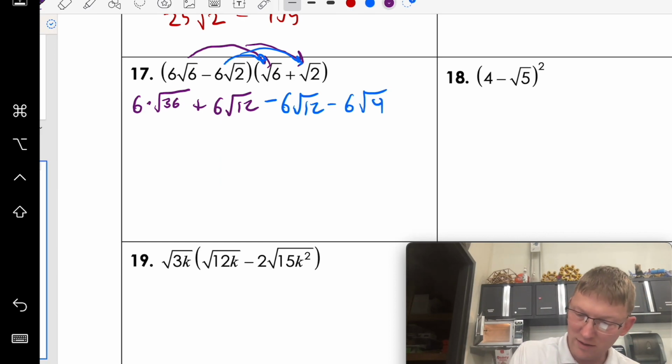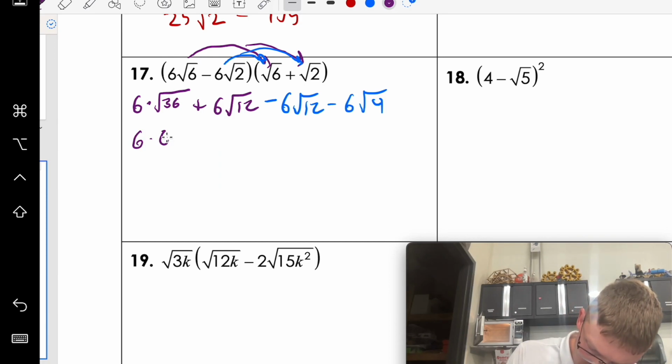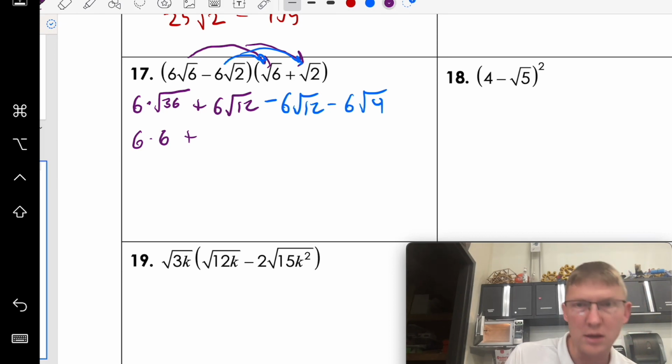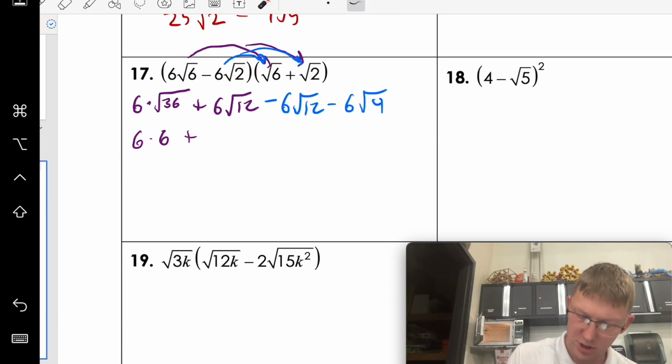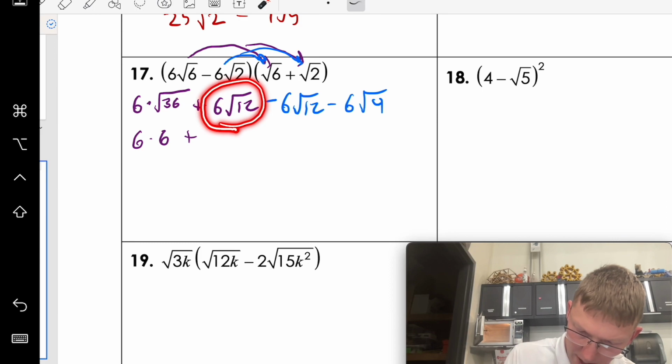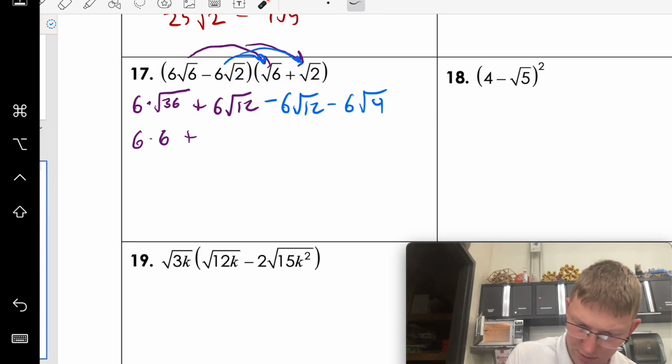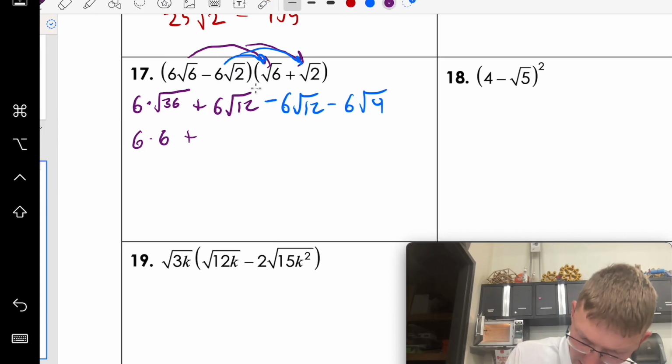And so then we can simplify these things. This is going to be 6 times 6 plus 12. We can pull a 4 out, right? Oh no, just kidding. So check this out. We've got a positive 6 root 12 and a negative 6 root 12. Those are just going to get canceled out.